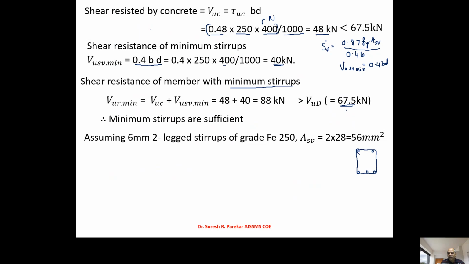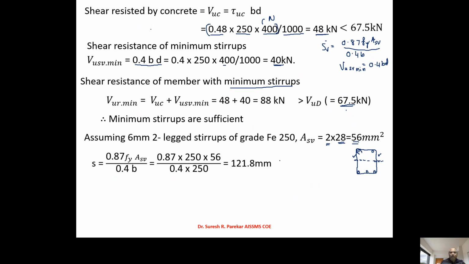So this will be two-legged: when you take the section, there is one leg over here and another leg over here. The area we are considering is 28 point something, so we take 28 into 2, that is 56 mm square.